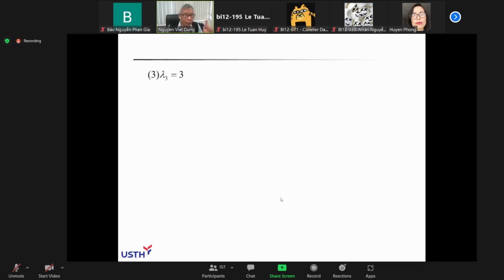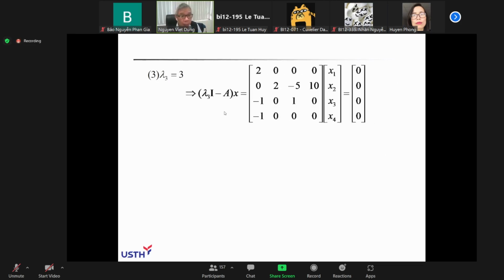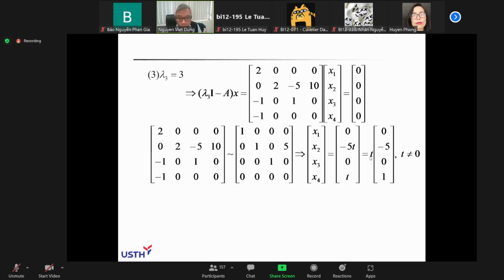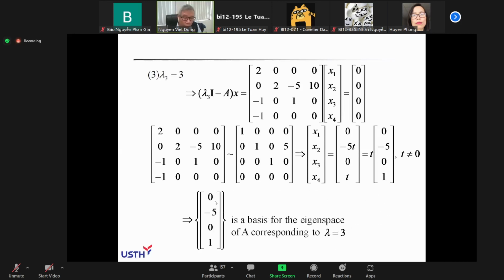Last, for the eigenvalue 3, again the system is that and the solution is that. Again, we require t is non-zero, and the eigenspace will be spanned by that vector, which means it has dimension 1.